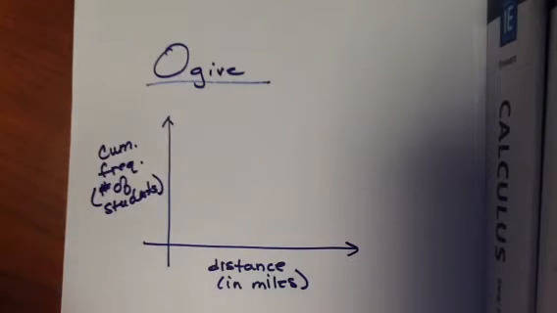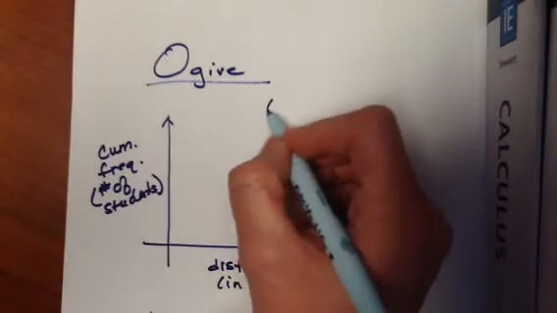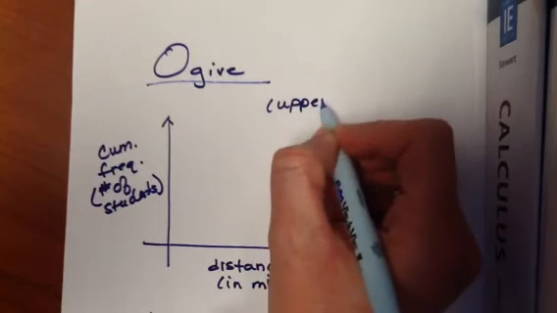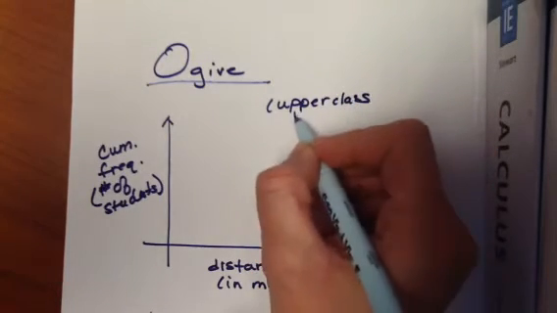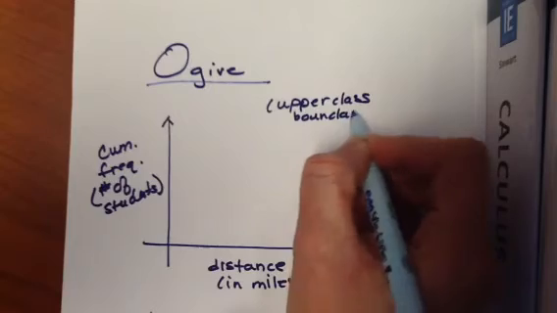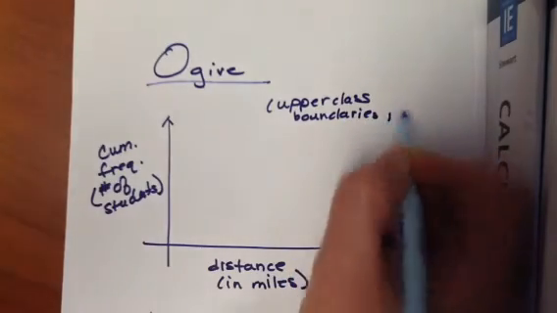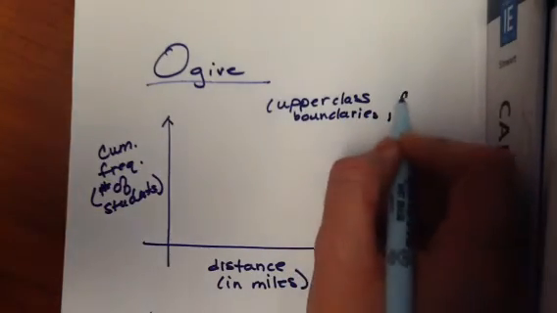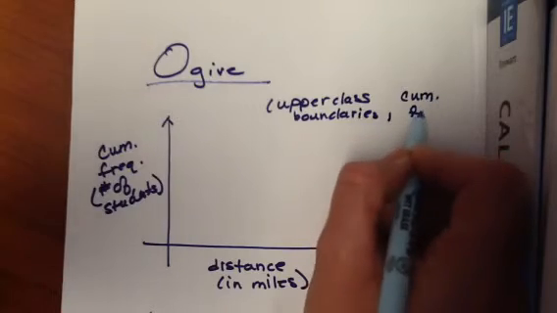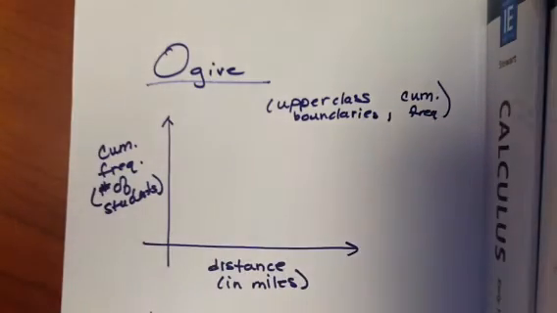Okay, now we're going to plot some points for the ogive. The points we're going to plot are the upper class boundaries, that would be like our x variable, and the cumulative frequency with that.